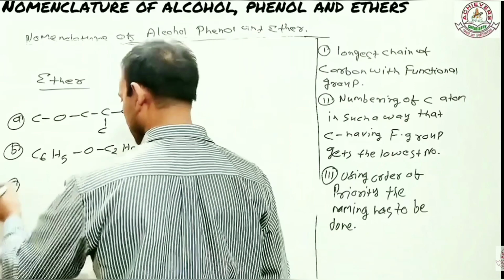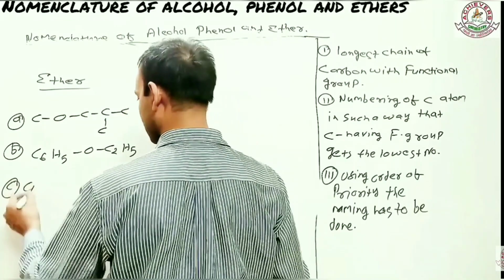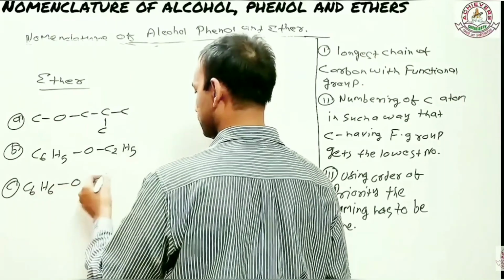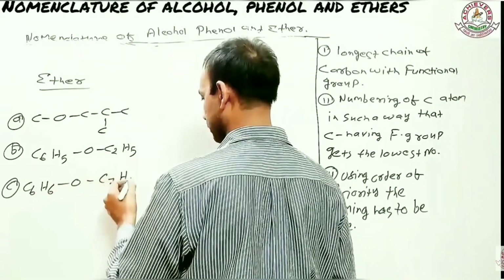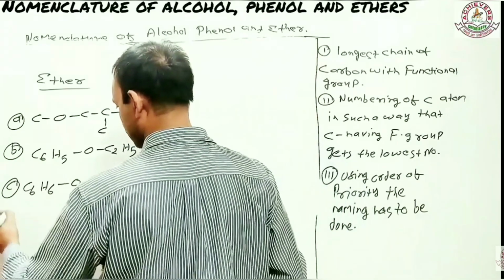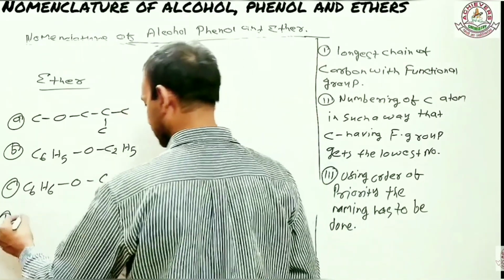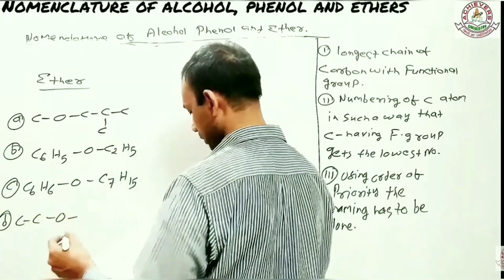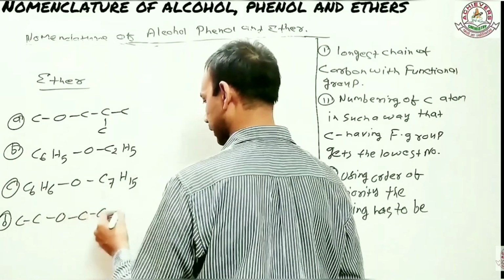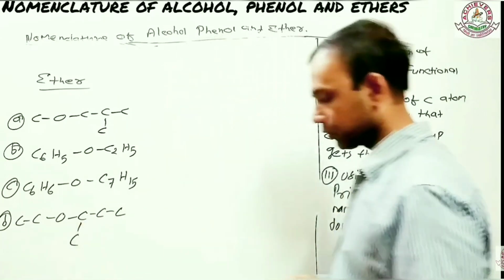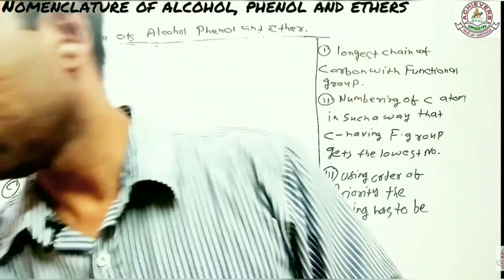The next is going to be C6H6, O, and finally C7H15. There is one last also, it says C, then there is another C with O, and then you have C, C, and C. One last is here, another C, right? So I'm going to do these examples.